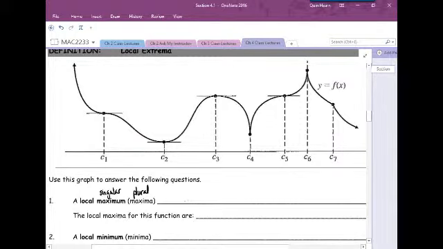A local maximum occurs when, and by the way, I'm always going to be talking about x in the domain of the function f. So if f is undefined at a particular x value, we're not going to include it in our discussion here. So a local maximum occurs at x values where the function changes from increasing to decreasing.